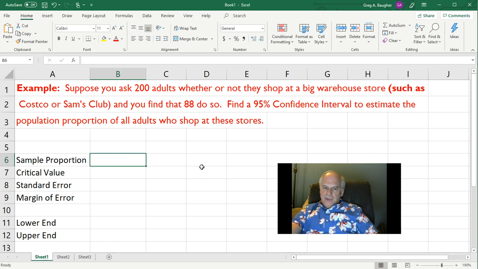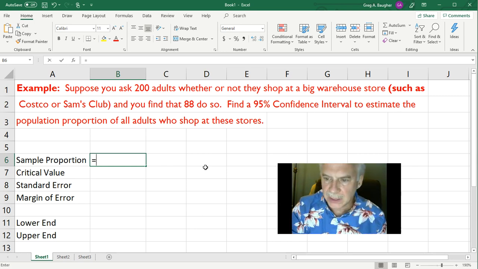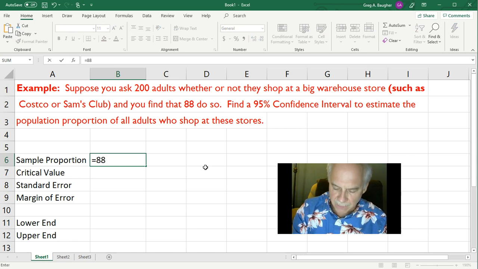So the sample proportion, first of all, that's your point estimate. Based on the sample, what proportion shop at these stores? So you would say simply equals 88 divided by 200. So that is your p hat.